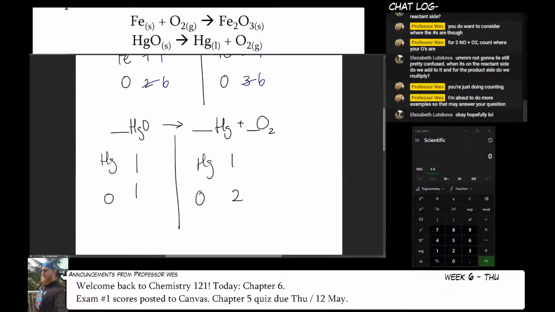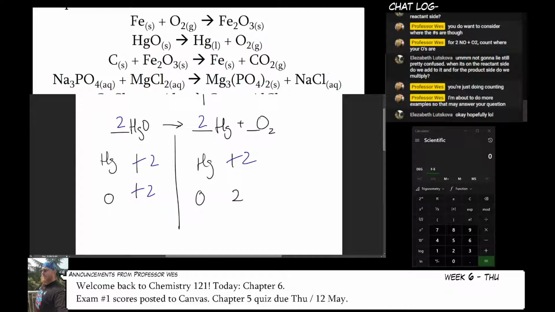All right. Obviously, I need to do something over here, because I have more oxygen on the right, so I got to balance that out. So if I put a 2 here, I now have 2 of each, because 2 times 1 and then 2 times 1. And then I'll just do this, and it's done, right? All right. Those are pretty straightforward. Let's do these more complex ones.